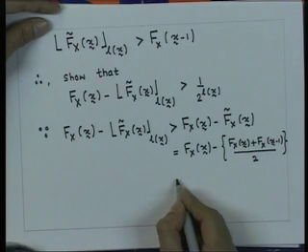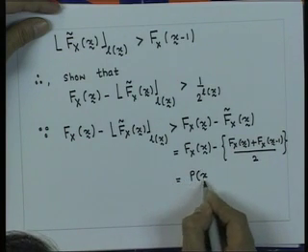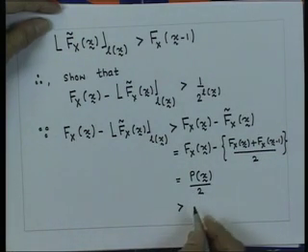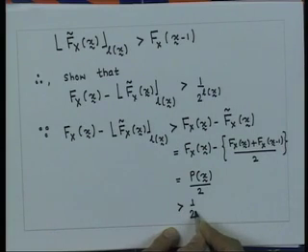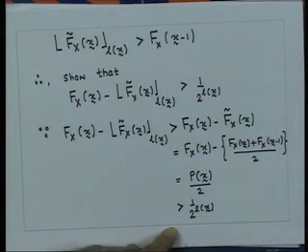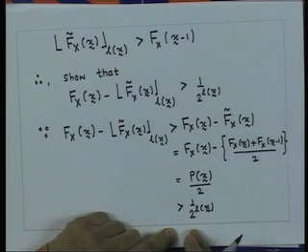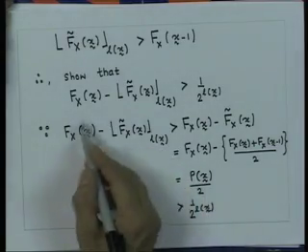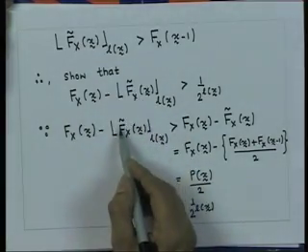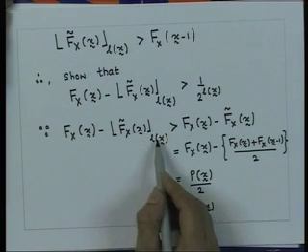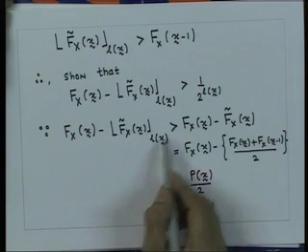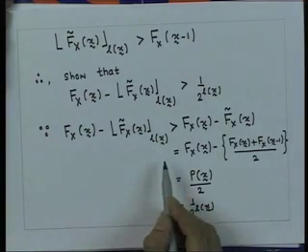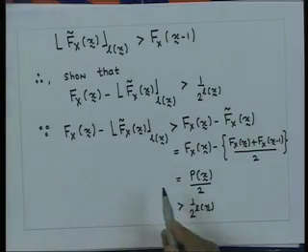So, this is equal to the probability of the sequence x by 2, and this we have shown is greater than 1 by 2 to the power L(x). Therefore, this code is prefix free, and by taking the binary representation of F tilde(x) and truncating it to L(x) given by the ceiling of log of 1 by P(x) plus 1 bits, we obtain a uniquely decodable code.